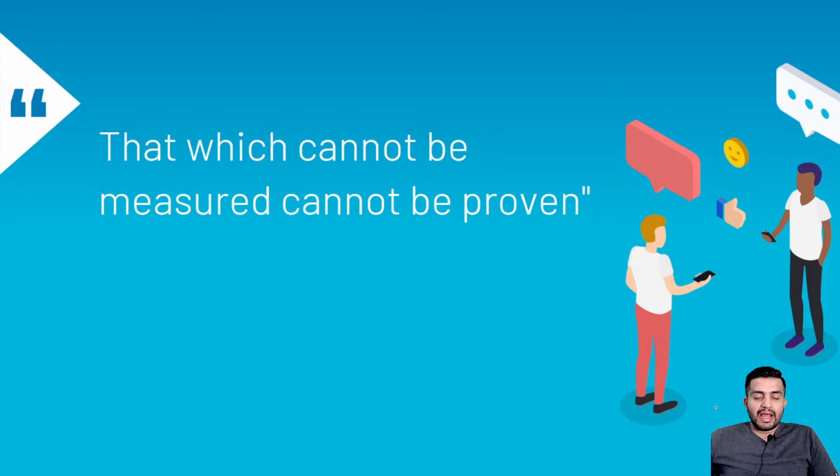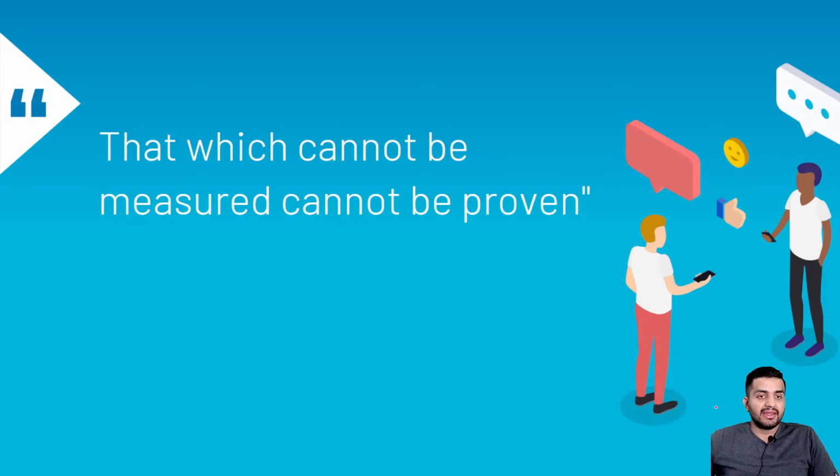I need to have a certain parameter or a certain metric with which I can evaluate or judge the relevancy of my analysis, or the performance of some specifications. So only something which is measurable can be proven, and something which cannot be measured cannot be proven.